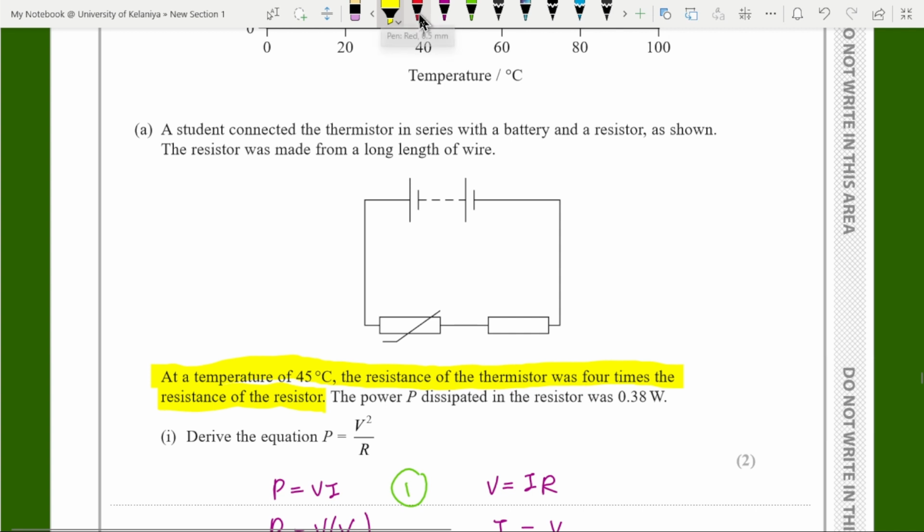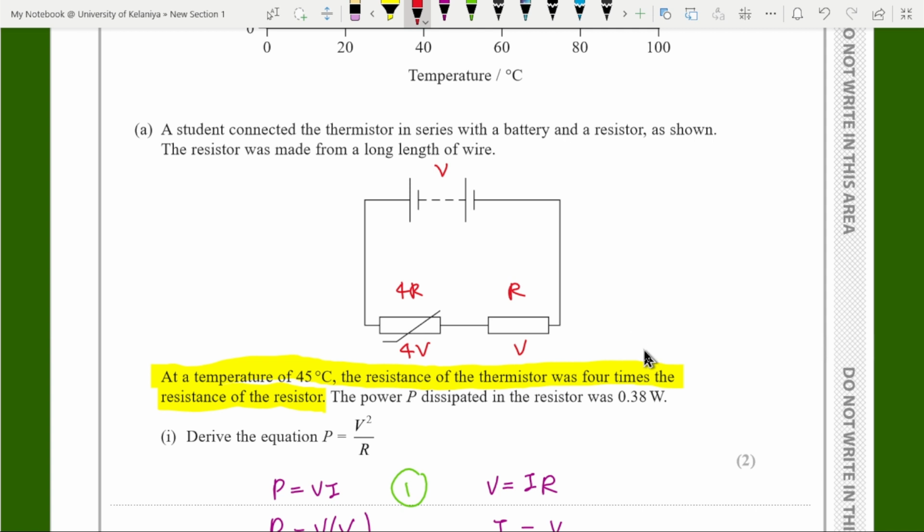If at 45 the resistance of the thermistor was 4 times the resistance, it means here we have 4R and here we have R, and the potential difference across the battery is divided according to the ratio of the resistances. So you will have 4V if this is V. I hope you understand my point, because they have given this.